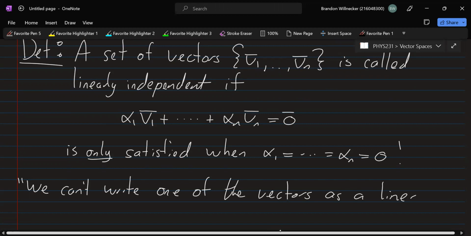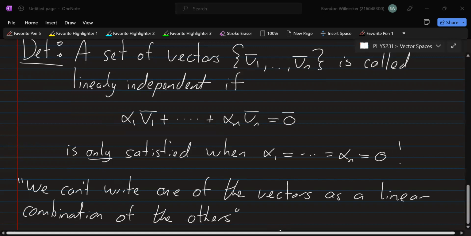So they are all independent of each other. If they were dependent, then one of them could be written as a linear combination of the others. In other words, that vector is dependent on those other vectors.